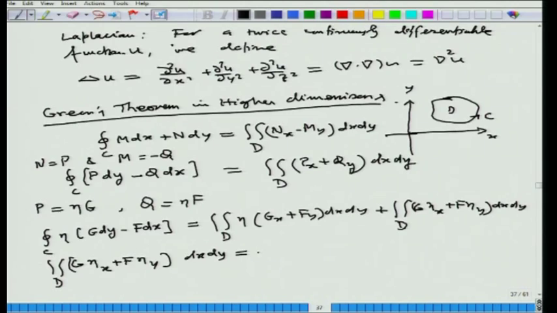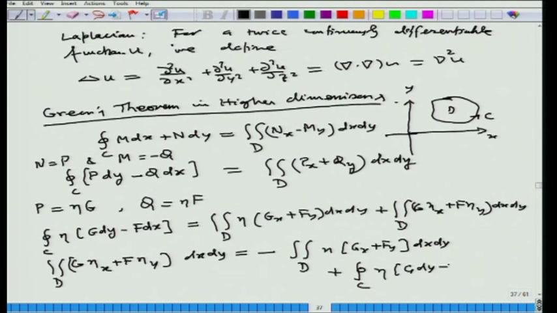We take this on the other side, so we get minus double integral of eta times g x plus f y dx dy plus this boundary integral eta g dy minus f dx. So, this is the general form of integration by parts.